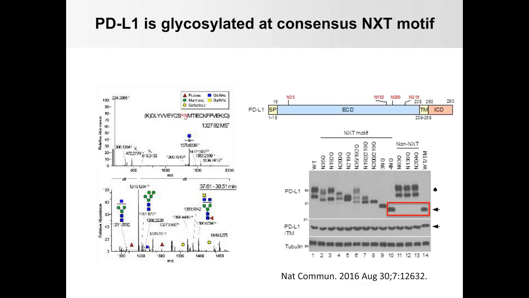Then we continued to create double and triple mutants. PD-L1 migration was reduced further until we created the quadruple mutant. When we mutated all 4 glycosylation sites, we found PD-L1 expression goes to a molecular weight of 33 kilodalton.